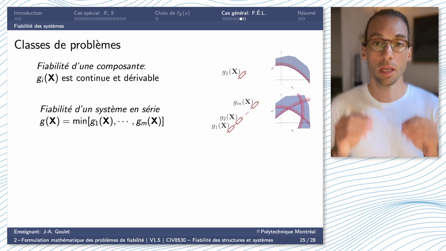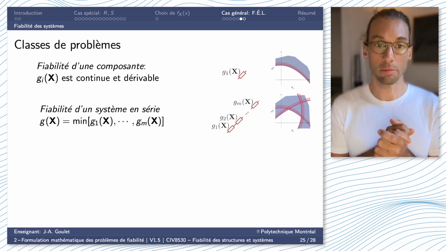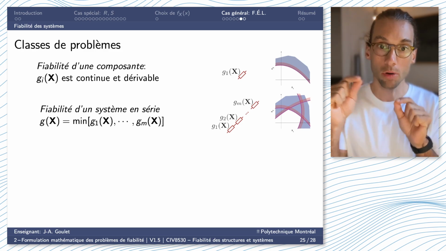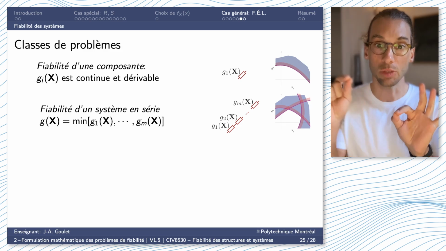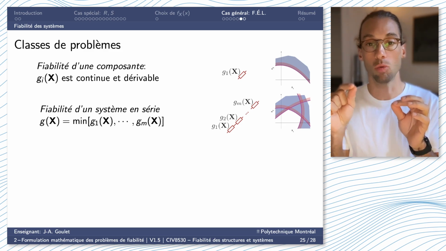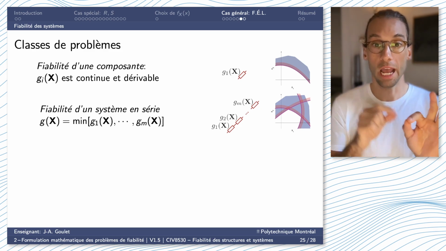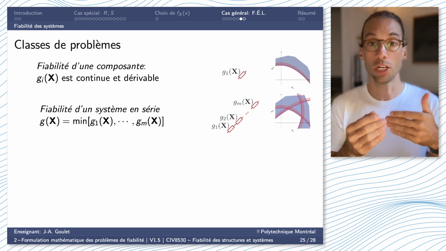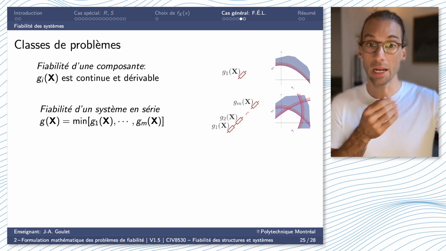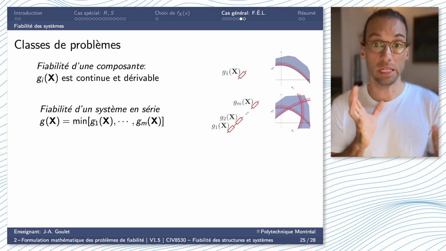If we have a system reliability problem where we have components that are assembled in series, like, remember in module 1, we said a case where we need to cross n bridges to go from point A to point B, or you can imagine a bridge that is made of multiple spans. So if any of the spans fails, the bridge will be deemed to have failed.